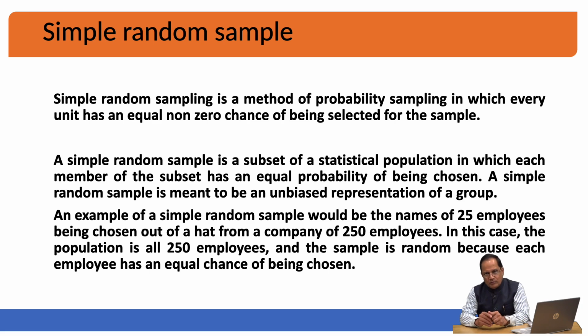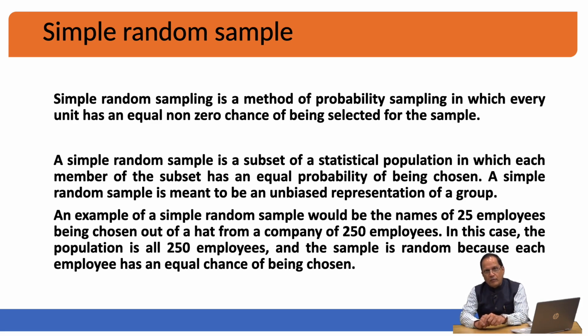This is one of the methods of simple random sampling. Again, I want to emphasize that in simple random sampling, the population should be a smaller one, it should not be large. Only in that case can the random sampling technique be used.